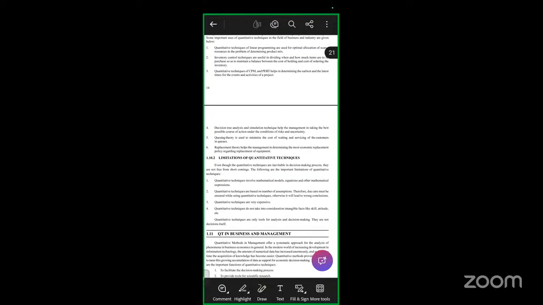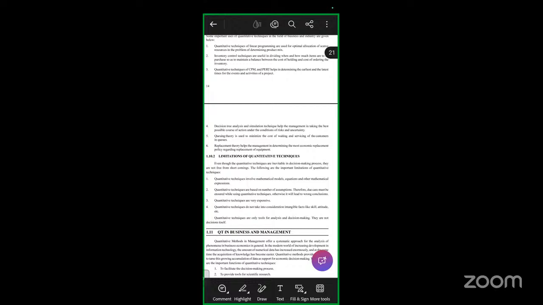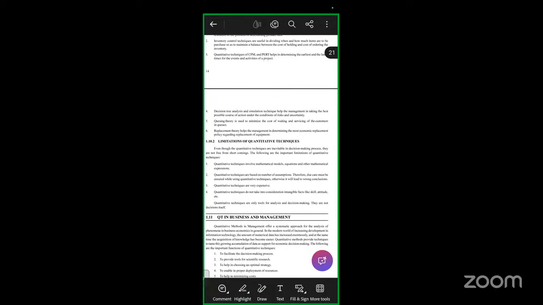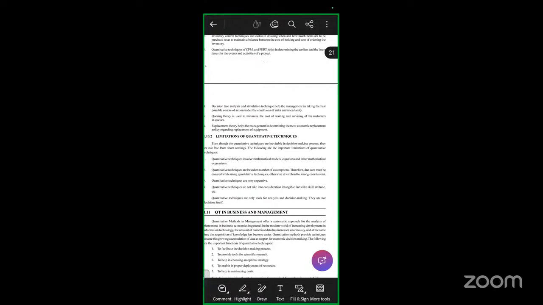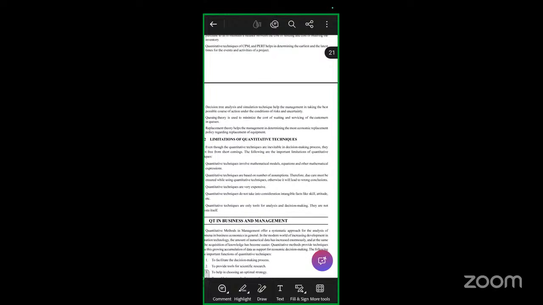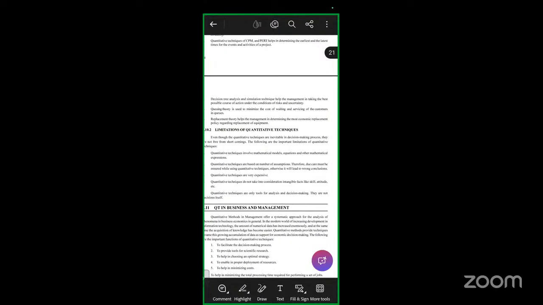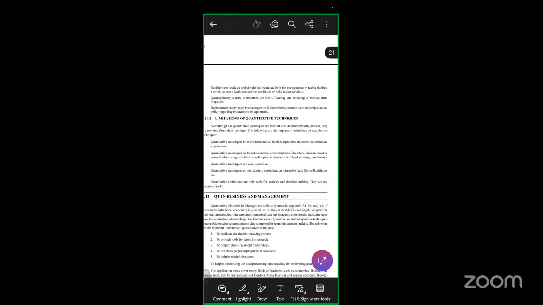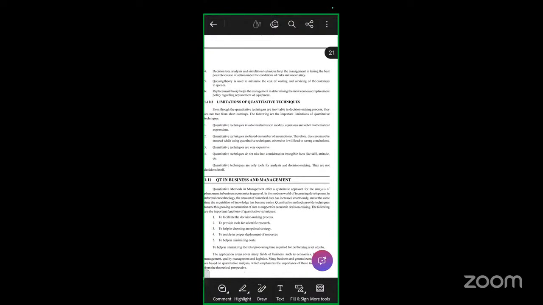CPM and PERT help decision making. Decision analysis or simulation techniques help management take the best possible course of action under conditions of risk and uncertainty. So these are the advantages.